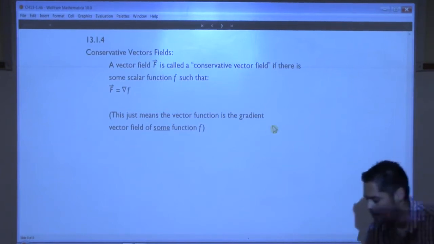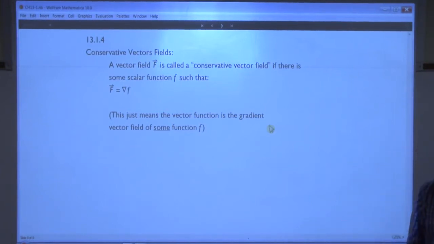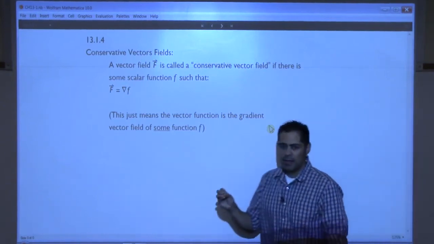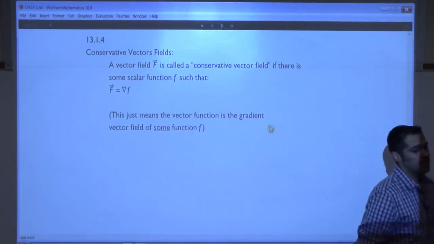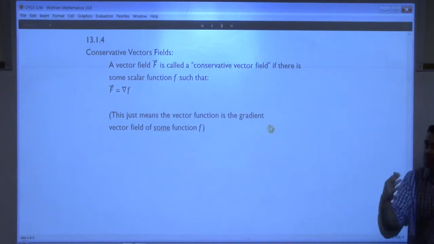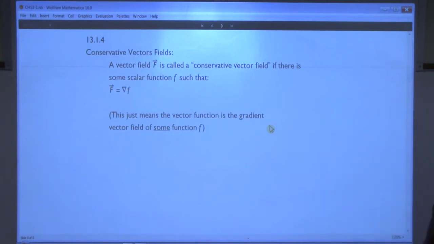All right, a definition. Please pay attention to the wording here, because from now on, if you hear me say, oh yeah, that's a conservative vector field, you've got to understand what that means.